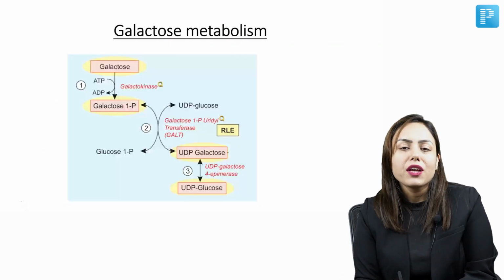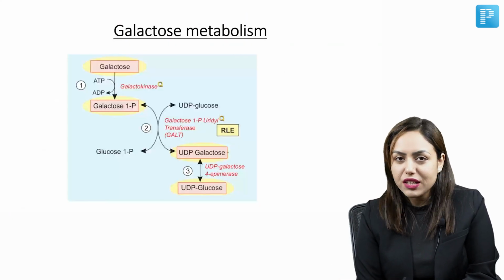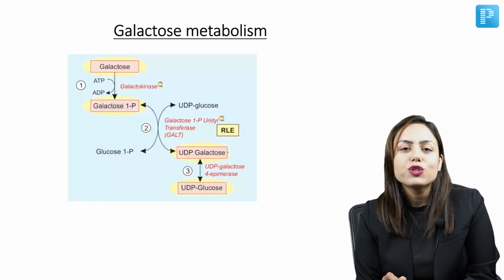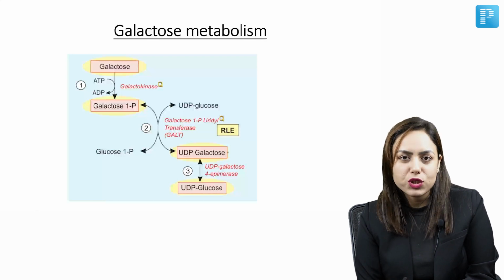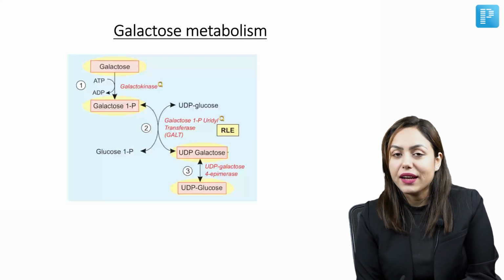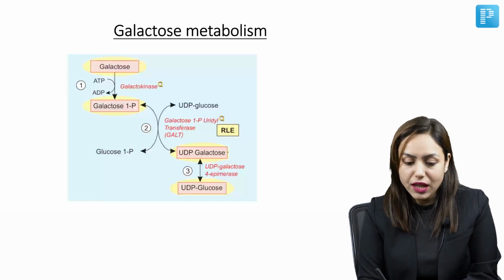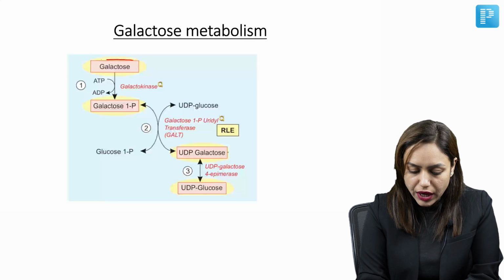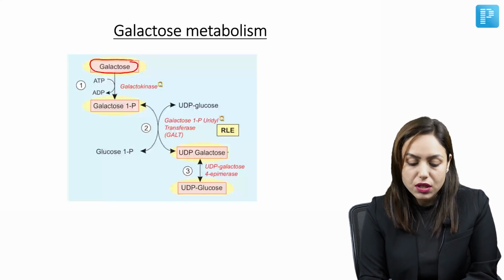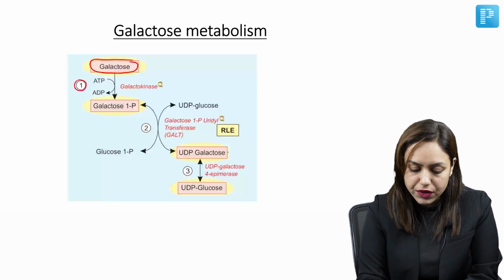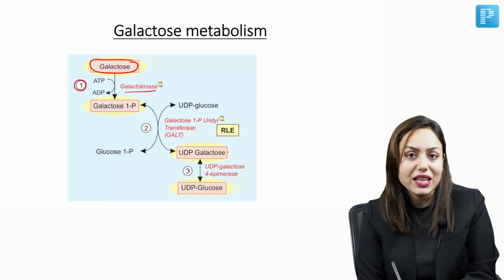Okay. Now, as you're done with this clinical case of galactosemia, let's do the basics of galactose metabolism. And here, three enzymes are involved. Okay, so let's have a look. When galactose enters our body through diet, it is taken by the first enzyme, galactokinase.